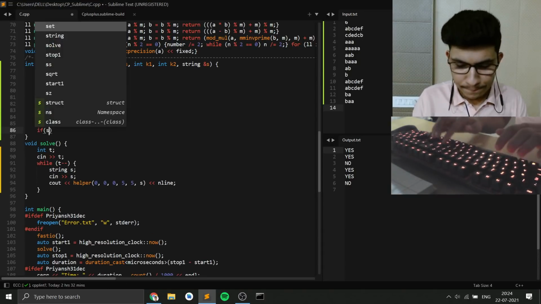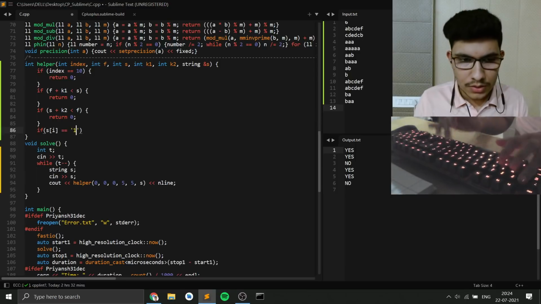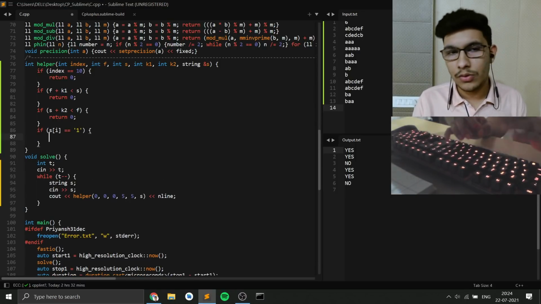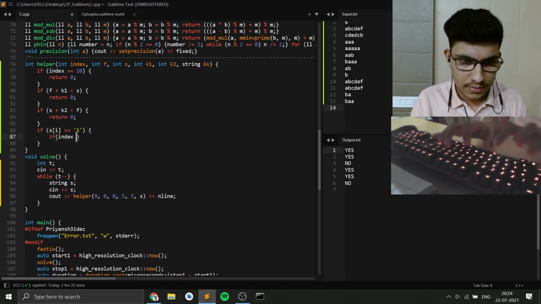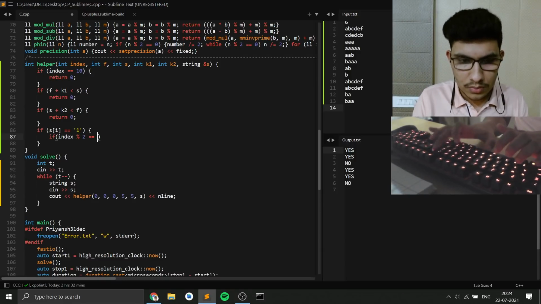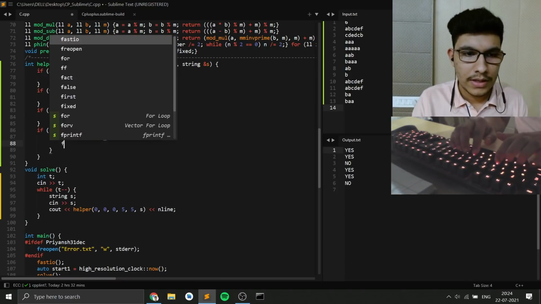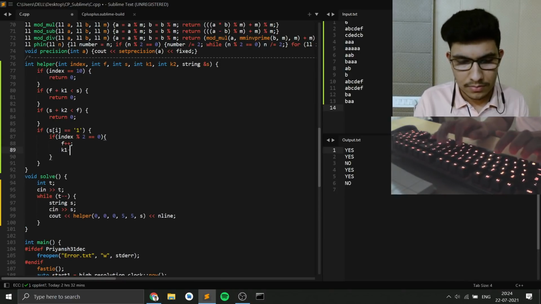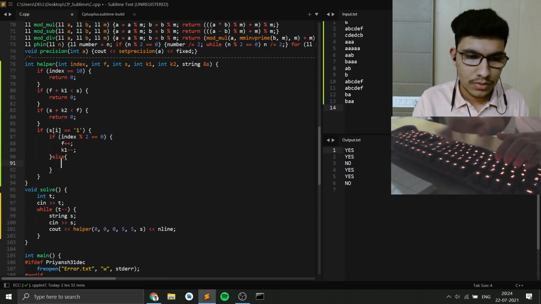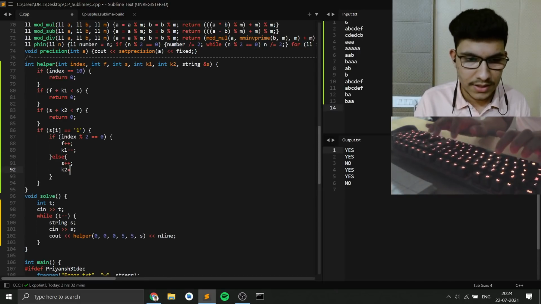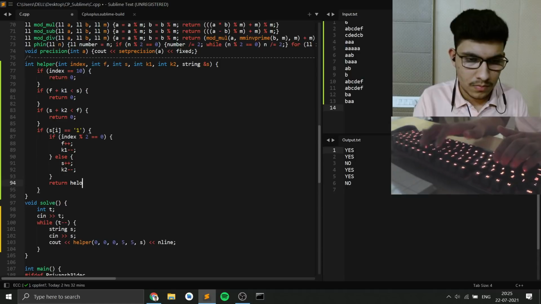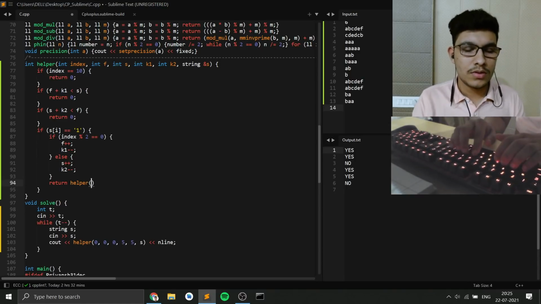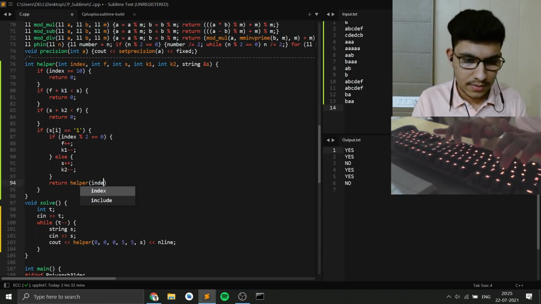Now if s at i equals 1, then we know that whoever's chance it is, he will be scoring a goal here. So if index modulo 2 equals 0, then I do f plus plus and k1 minus minus, else I'll do s plus plus and k2 minus minus. So here we'll be just passing index plus 1.